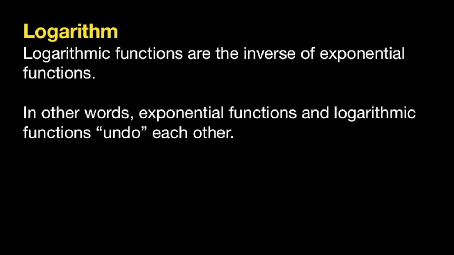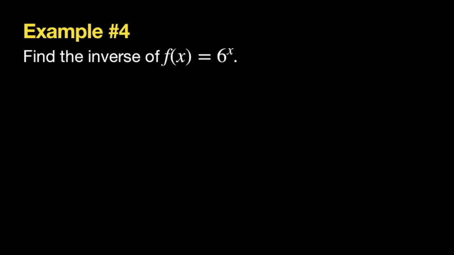Logarithm functions are inverses of exponential functions. That means that you're going to use exponential and logarithm functions to undo each other. For example 4, we're going to find the inverse of f of x is equal to 6 to the x power. And to do that, we're going to put it as y is equal to 6 to the x.